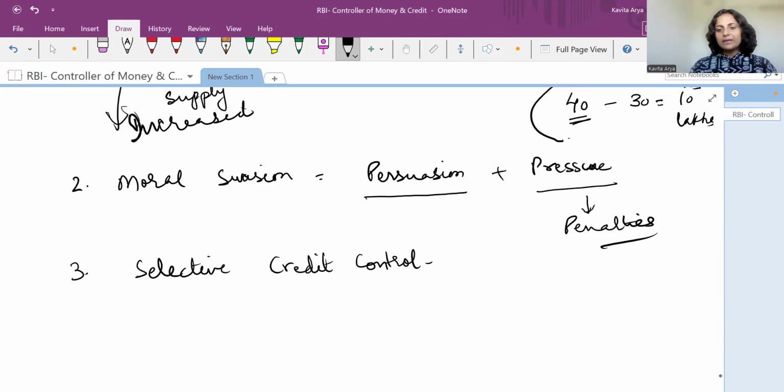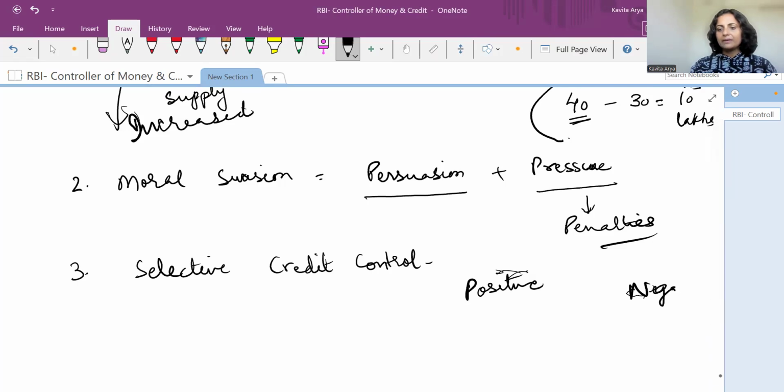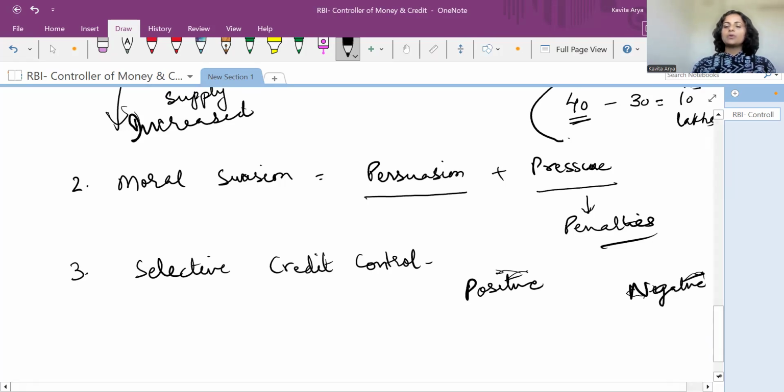So there can be positive lists made in this regard, and there can be negative lists also. What do you mean by positive list? Positive list means the sectors that should be given preference, and negative list means sectors that should not be given preference, in fact should be curbed.